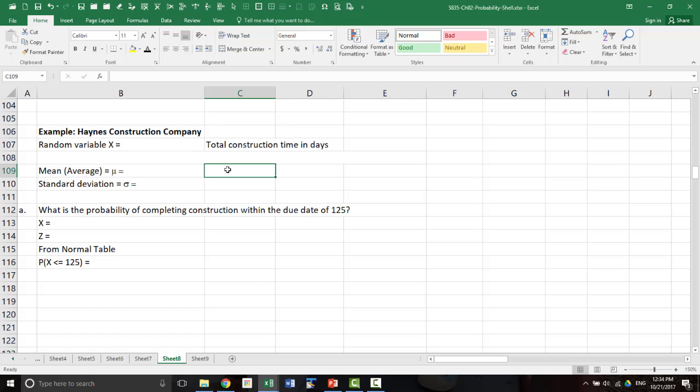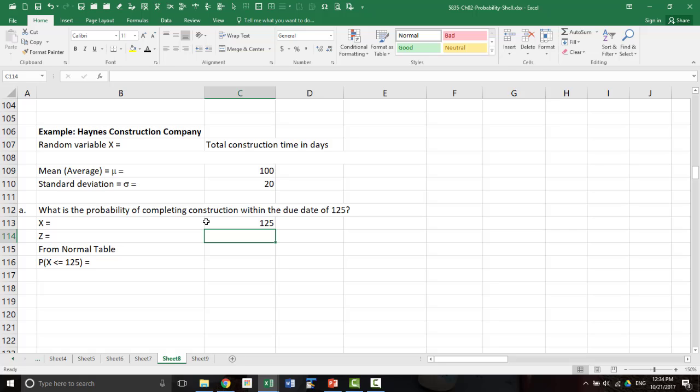The mean is given as 100, standard deviation is 20. Now we want the probability within 125 days. Remember, the probability of X equal to 125 will be 0.